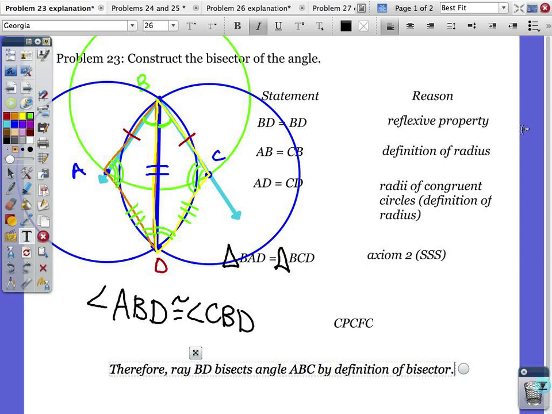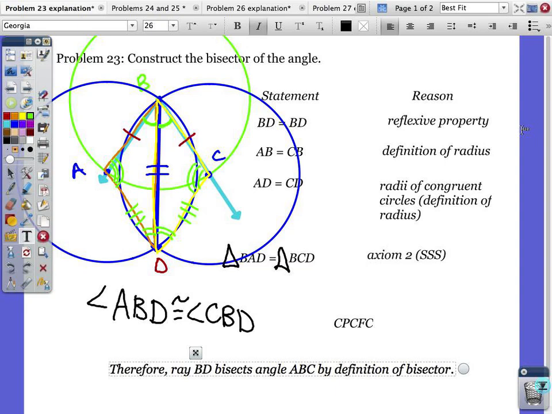Does that kind of clear up some stuff? Those of you who took the quiz, do you see how I had it? I gave you a few reasons and you had to fill in the statements. I might switch that up. I may give you the statements and let you come up with the reasons. I think that'll be a little easier to start off with. Any questions?